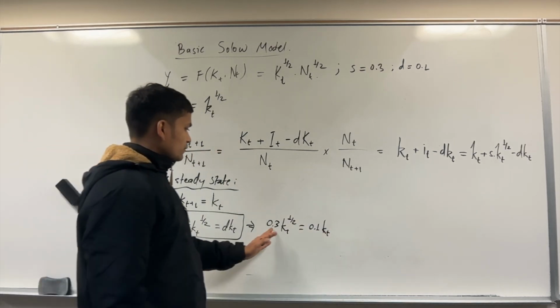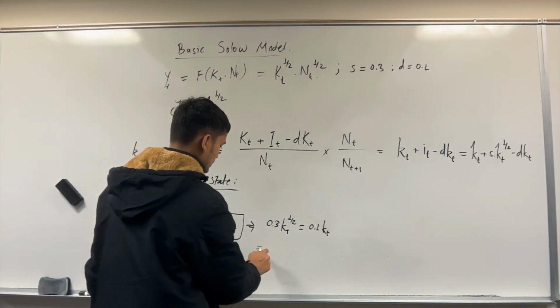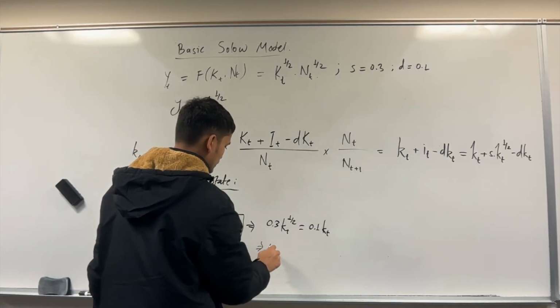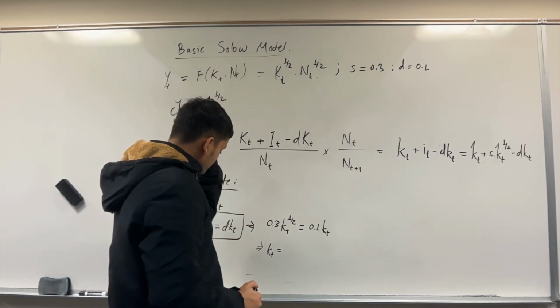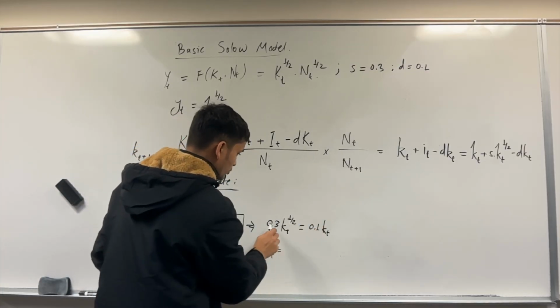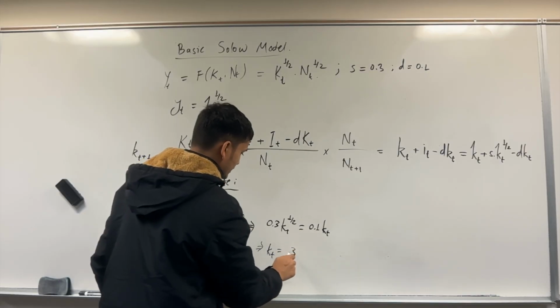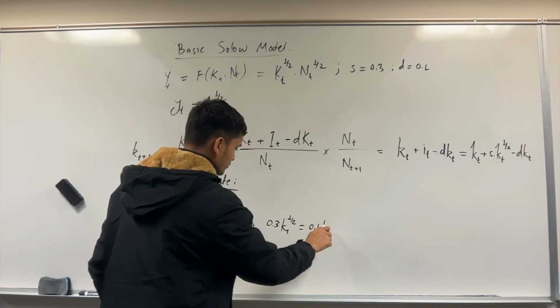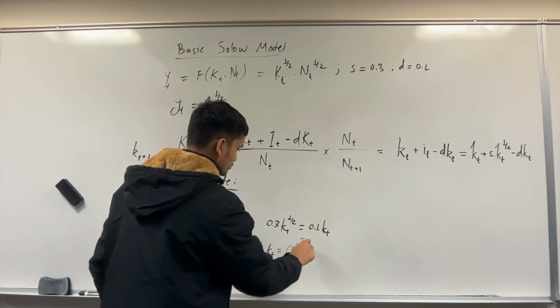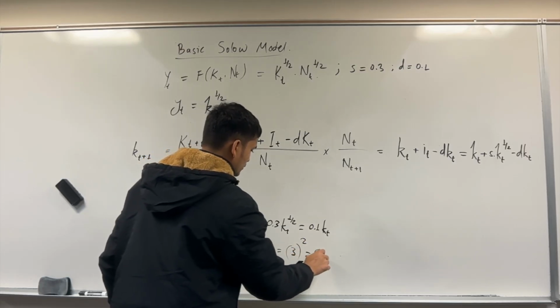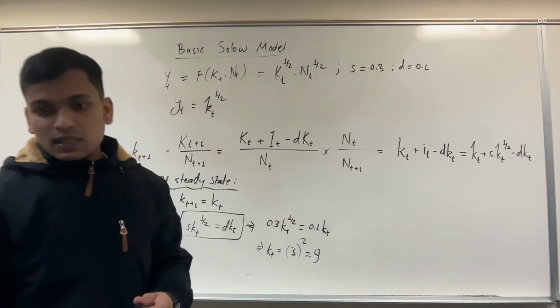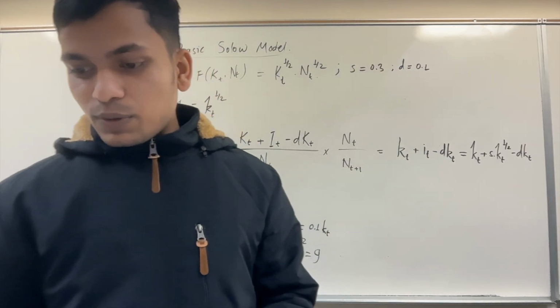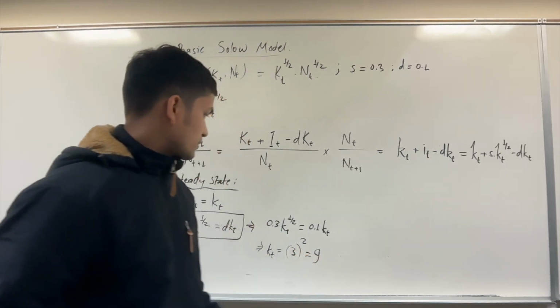Now if we solve for k_t, we get k_t to the power 1/2 equals 0.3 over 0.1, which is 3, so squaring, k_t equals 9. So the capital labor ratio at steady state is 9.